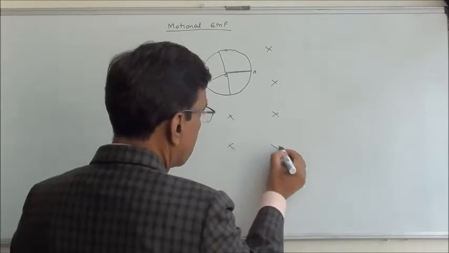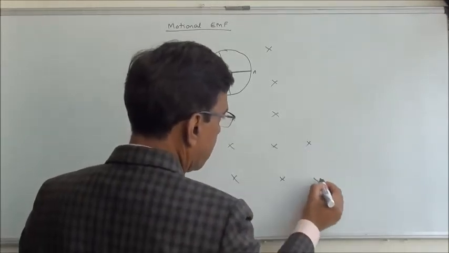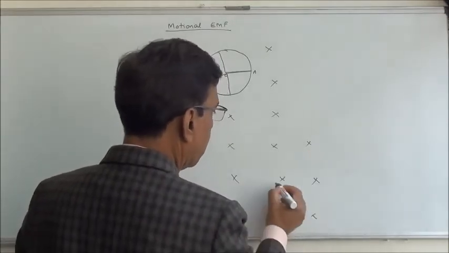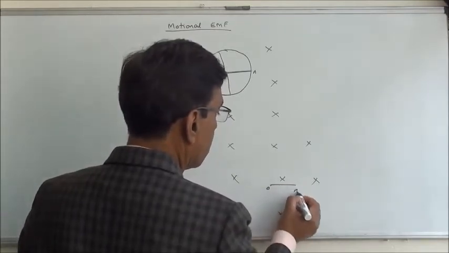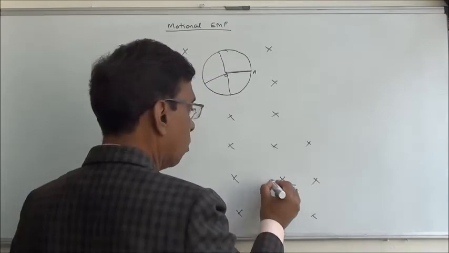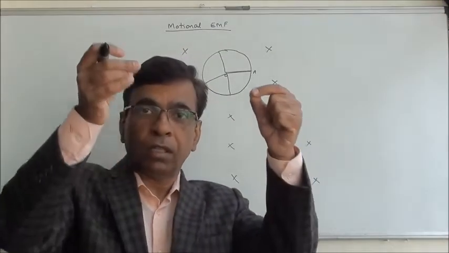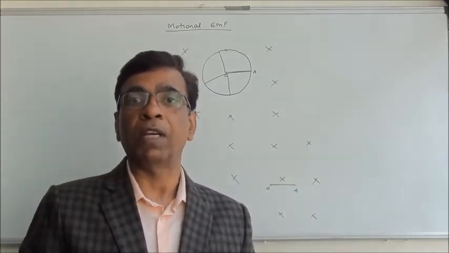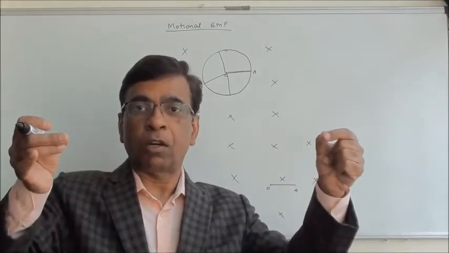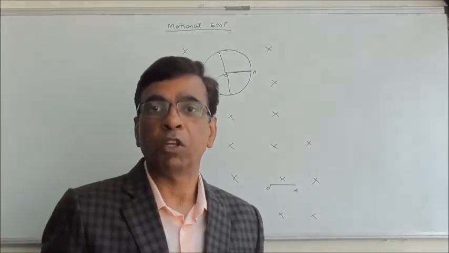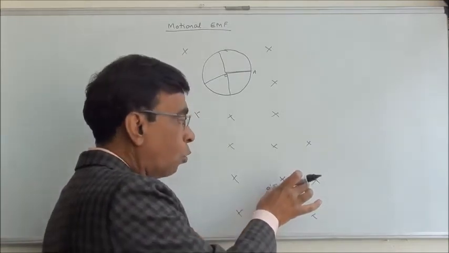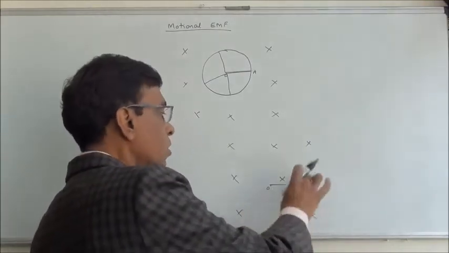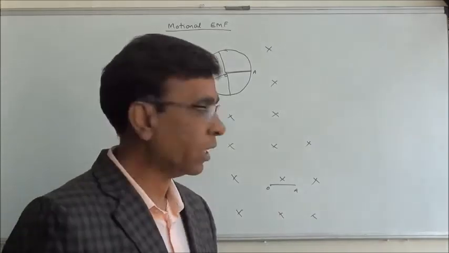So in this case also, let us see what happens and why there is EMF. This is the rod. This end is fixed now. In the earlier case, I had taken that the rod is moving in a magnetic field uniformly. Each part of the rod is moving with the velocity v, but here it is not so. I have fixed one end of the rod and the other one is moving anti-clockwise or clockwise, whatever.